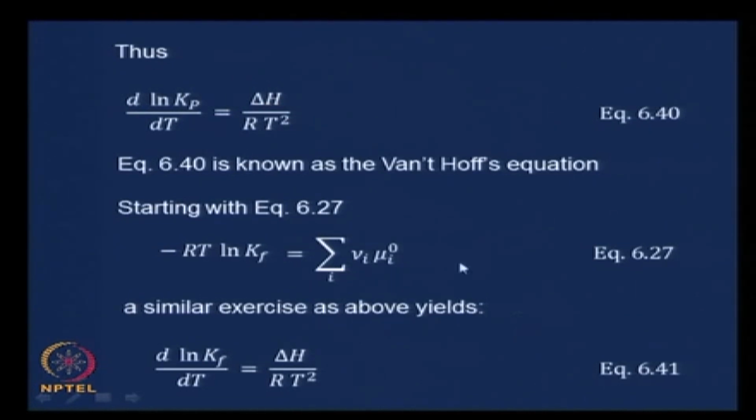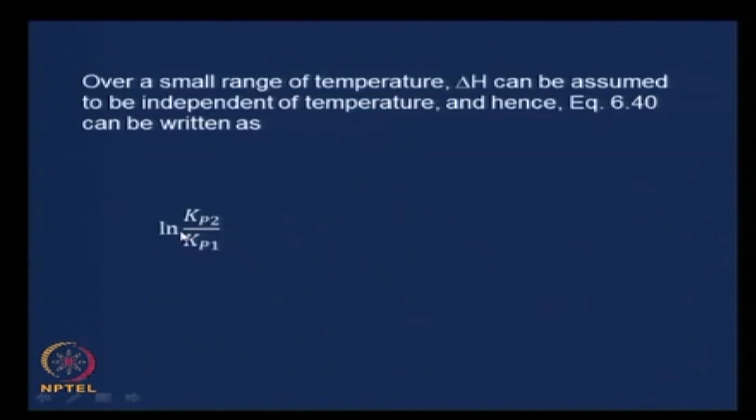If we do that, this is T to the power minus 2, and therefore it becomes minus T to the power minus 1 on the integral, and therefore you will get ln of Kp2 by Kp1 equals delta H by R times 1 by T1 minus 1 by T2. The negative sign comes about because of the negative that arises as a result of the integration.